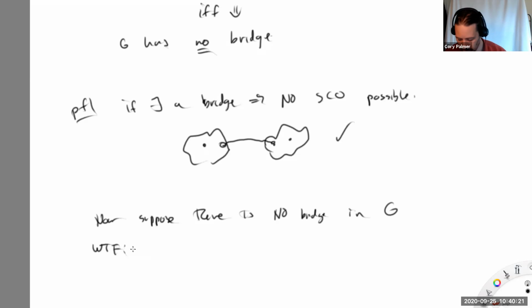Yeah, I never used that before, but yeah, what do we want to find? Well, we want to show that it's strongly connected. No, sorry, we want to find a strongly connected orientation of G, right? We actually want to produce it.